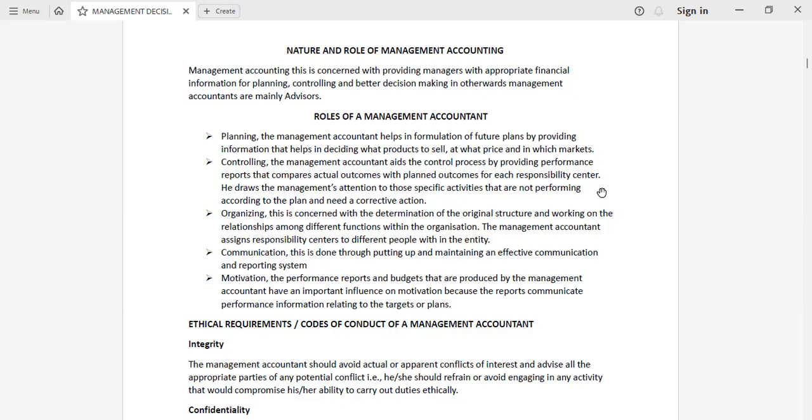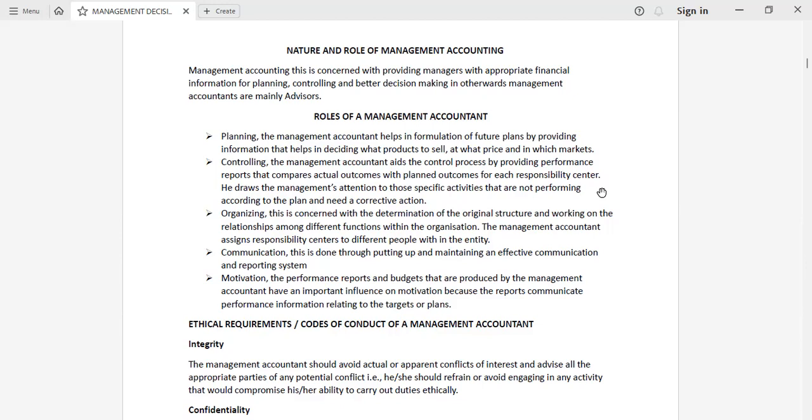Let's first look at the definition of management accounting. Then we are also going to look at the ethical responsibilities of a management accountant and how we resolve any conflicts that may arise when the management accountant is executing his or her duties.